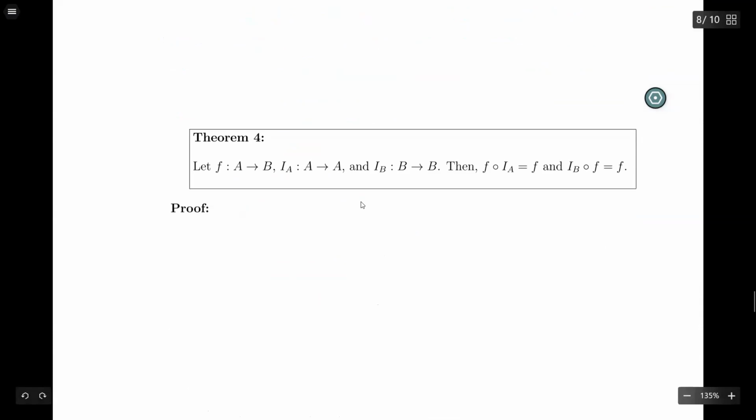The way we could think about I sub A is if you're mapping something to itself, you're really saying I sub A of x equals x. Or a more common way of writing it is y equals x. That's another way of thinking about it.